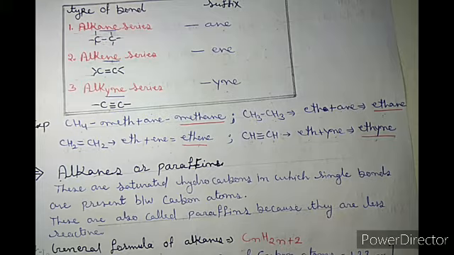So at least 2 carbon atoms are needed. Similarly, alkynes are those hydrocarbons in which a triple bond is present between the carbon atoms. So that means a minimum of 2 carbon atoms is needed for alkene and alkyne. So one carbon atom is always saturated.